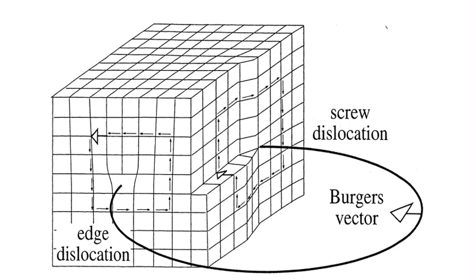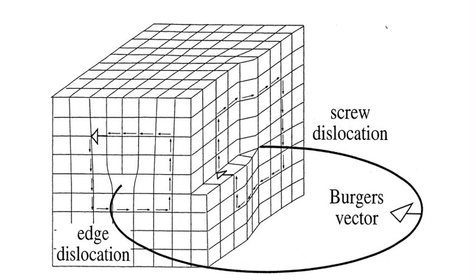So there are two categories of dislocation: the first one is the edge dislocation, the second one is the screw dislocation. Edge dislocation is the presence of an extra plane of atoms in the lattice, and in the case of edge dislocation, the Burgers vector is perpendicular to the dislocation line. The second one is the screw dislocation. In screw dislocation, a shearing action takes place in the crystal lattice.